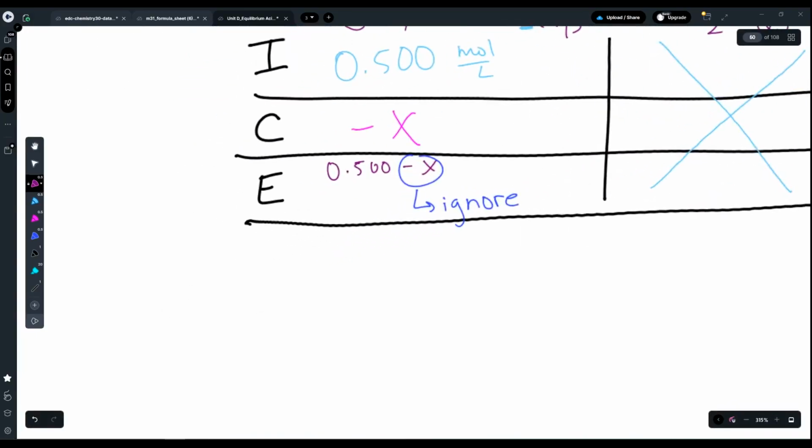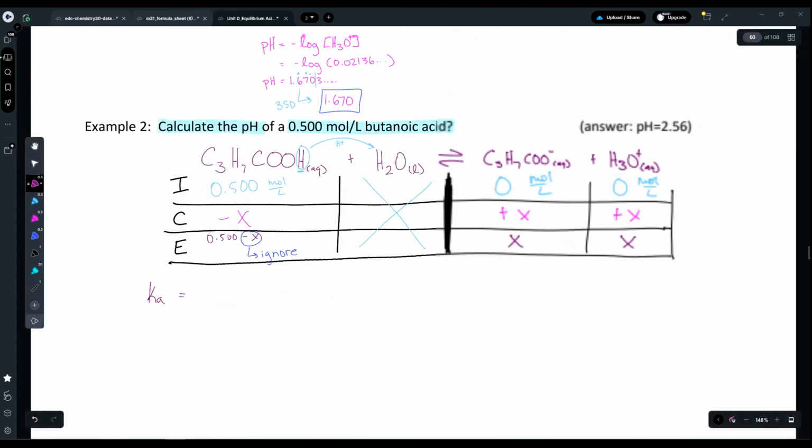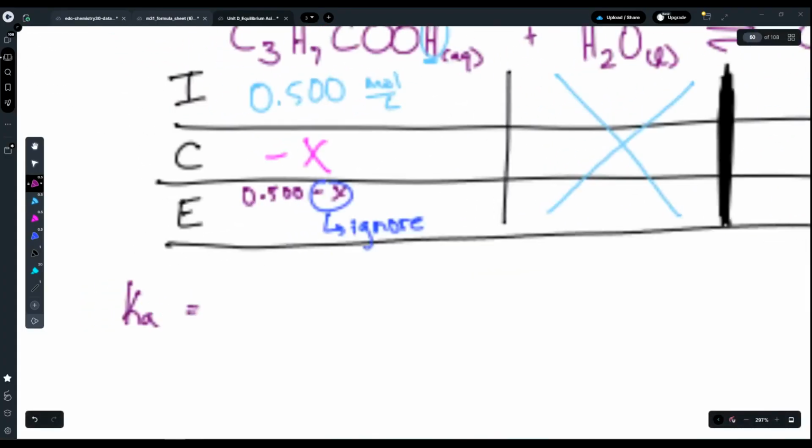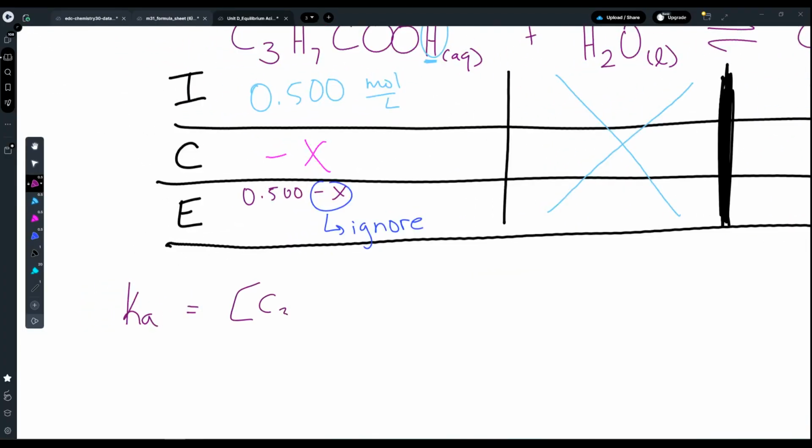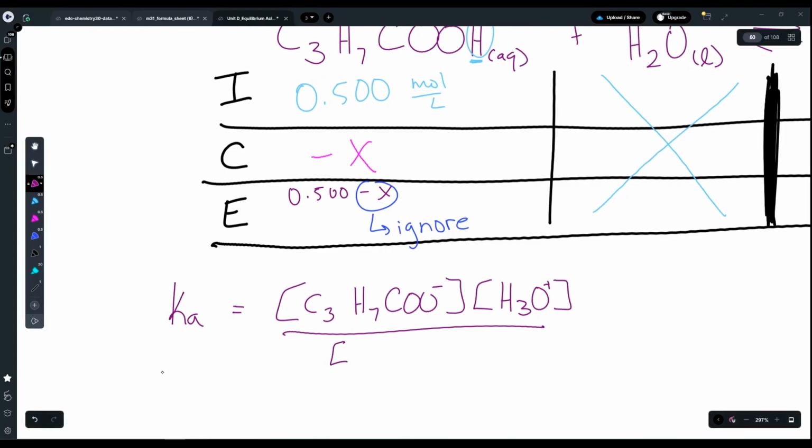Okay, so let's start off with our equilibrium law expression. So we're starting off with our products: C3H7COO1 minus multiplied by hydronium ion concentration divided by butanoic acid.